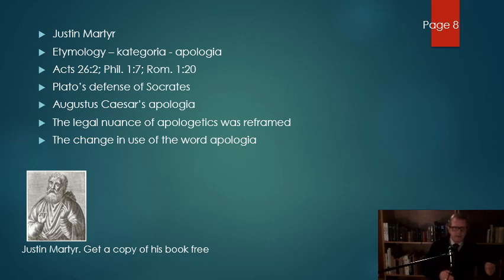So when Paul was using it, Luke was using it, when Justin Martyr was using it, it's in the same way. So the classical Greek, and the common Greek, which we called Koine Greek, the Greek in which the New Testament is written, in that sense, the word was used in the way I just explained, with categoria as the prosecution and apologia as the defense.